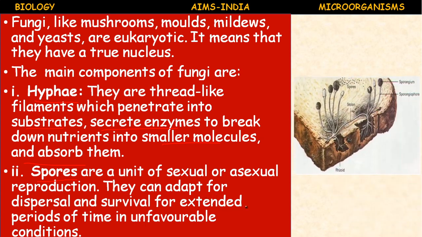So here is a bread mold. It has a substrate, and it produces root-like structures called rhizoids. The spore-producing body is called the sporangium, and the spore-bearing structure is called the sporangiophore.